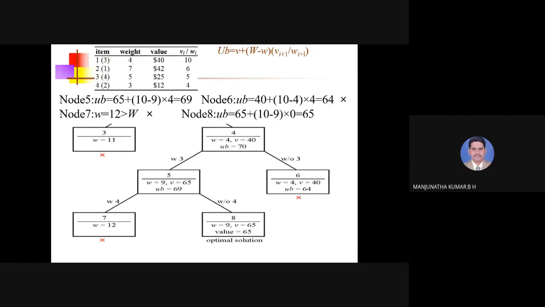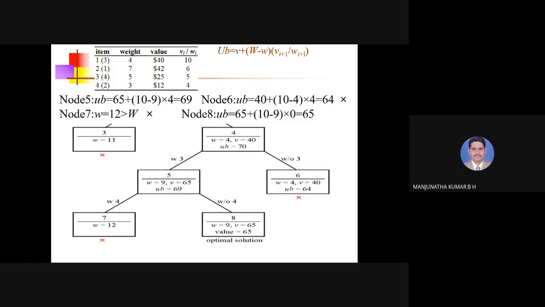So the value of node 8 is 65. Now all the items are considered. You can see node 8 is the optimal solution. The maximum profit gained is 65. The value we got in node 8 is the optimal value. This is the optimal solution.